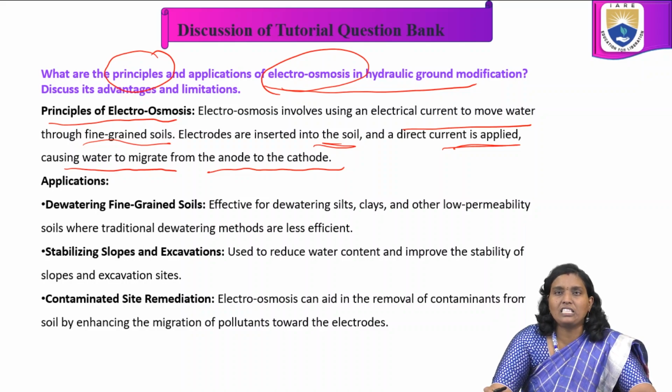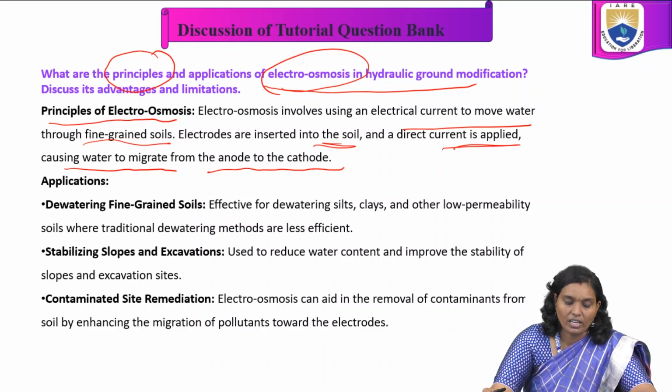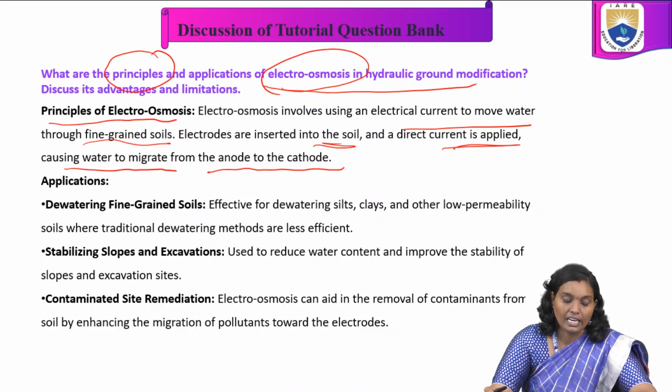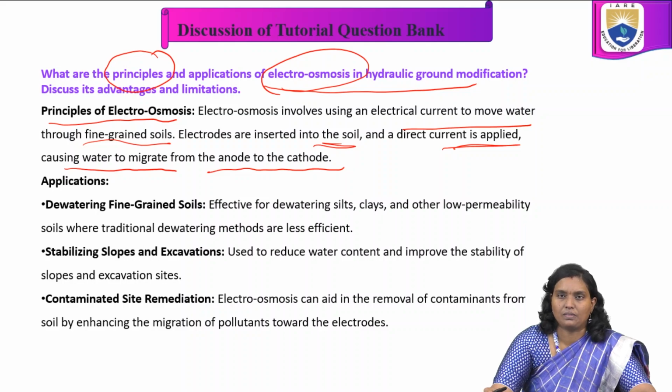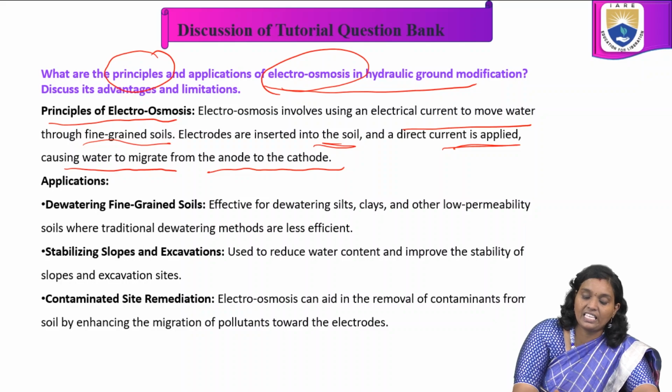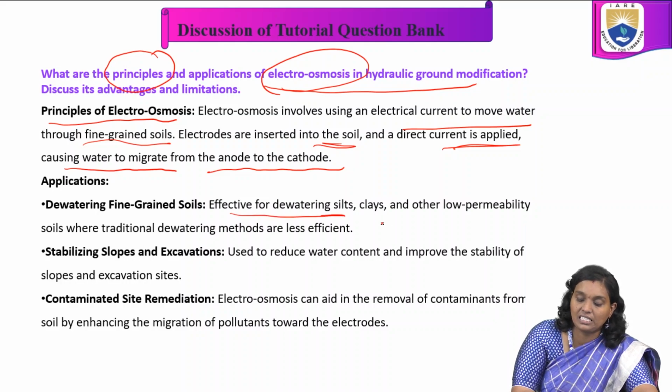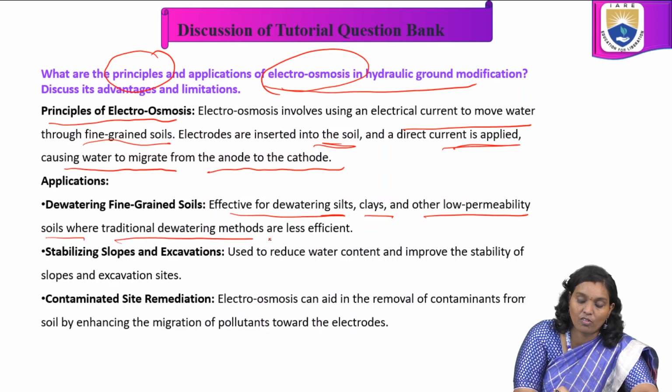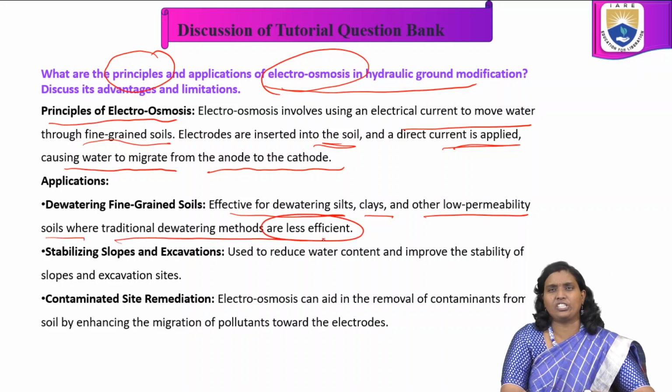What are the applications? Dewatering in fine-grained soils, stabilizing soils and excavations, and contaminated site remediation. These are some of the applications we observe. It is effective for dewatering silts, clay and other low permeability soils where traditional dewatering methods are less efficient.